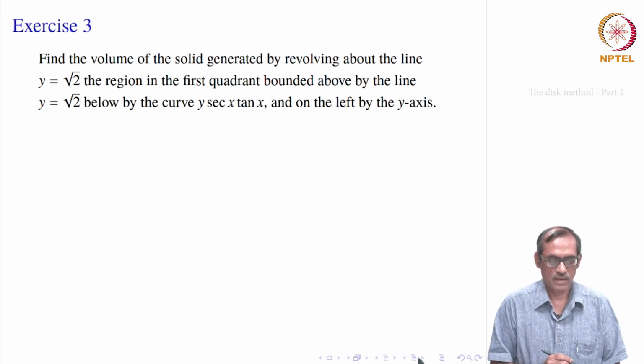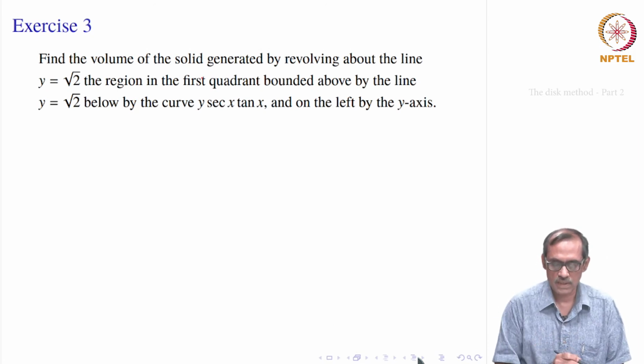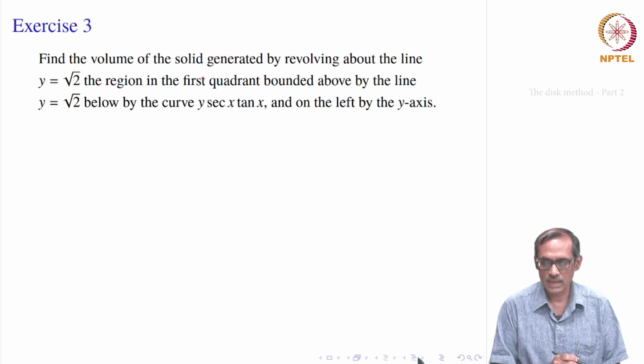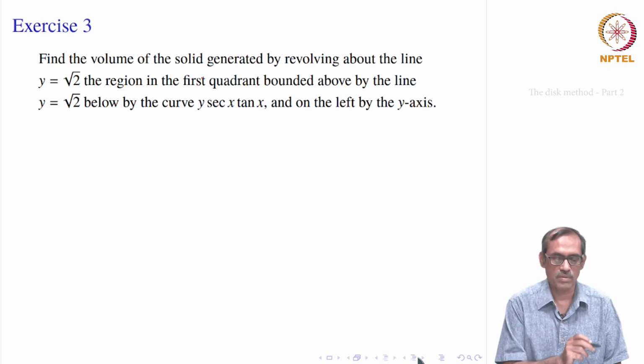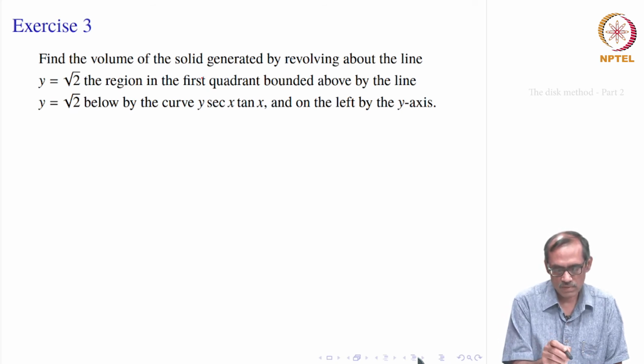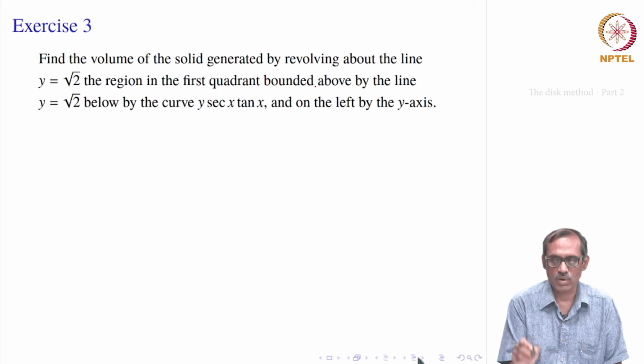So, here we want to find the volume of the solid generated by revolving about the line y equal to root 2. It is not any axis, it is another line, y equal to root 2. And what do we revolve? The region in the first quadrant bounded above by the line y equal to root 2, that same line.